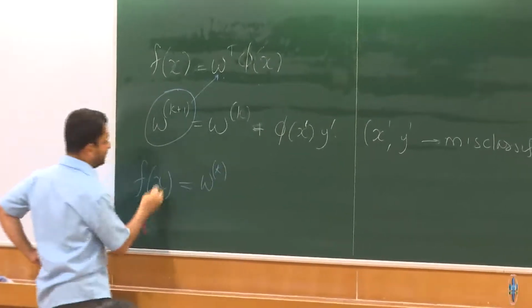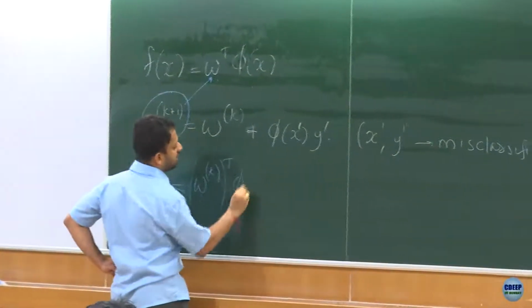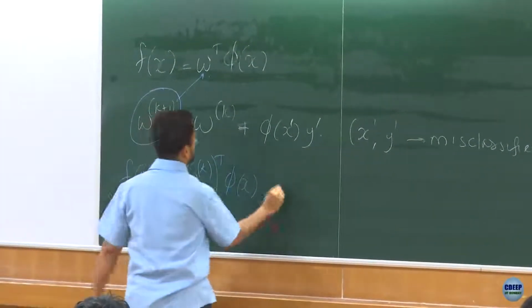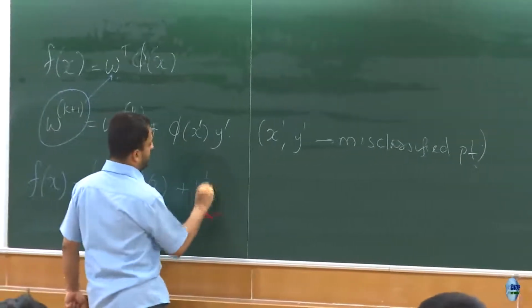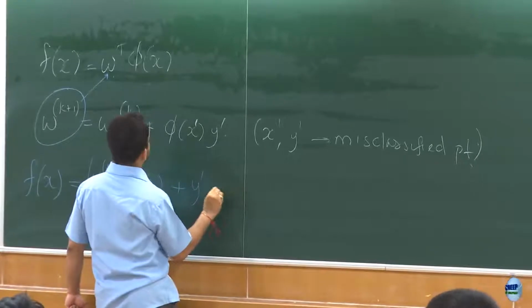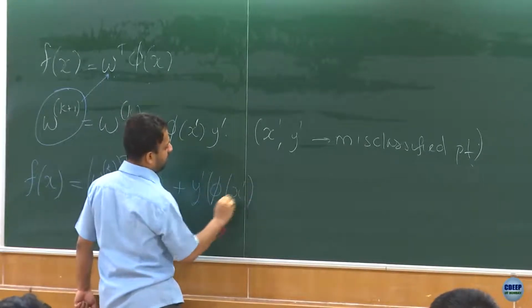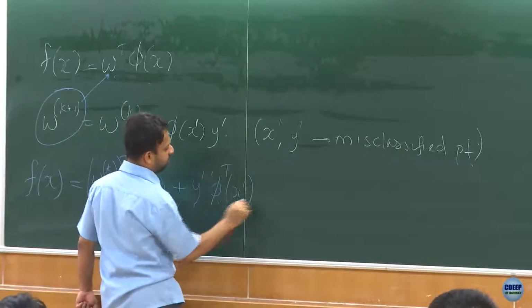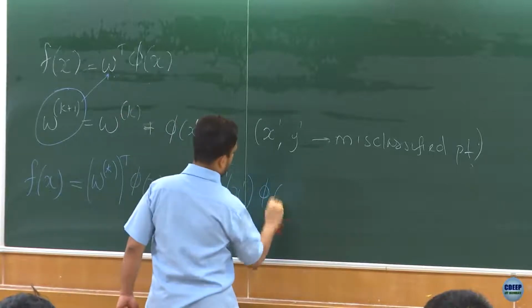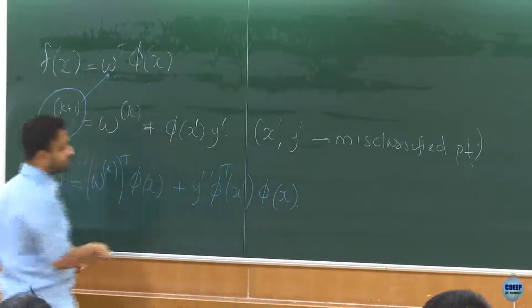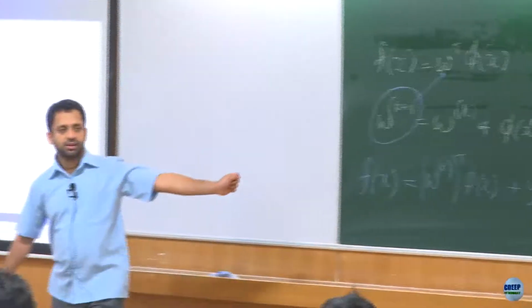After the update, w_k transpose phi(x) plus y prime times phi(x prime) transpose phi(x). I just inserted w_{k+1}.